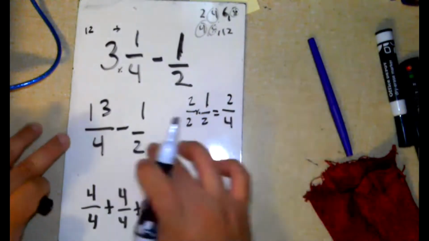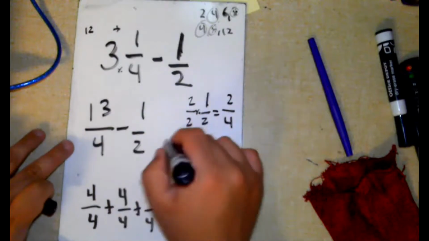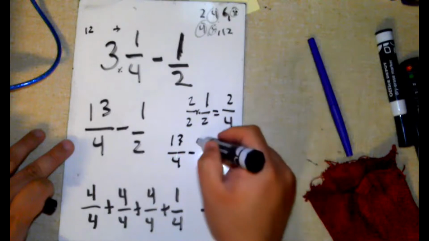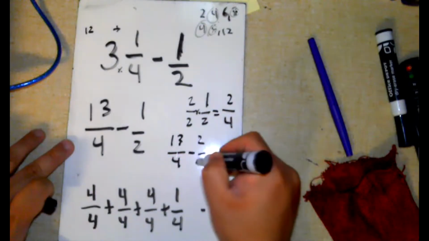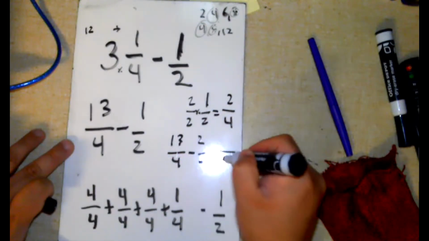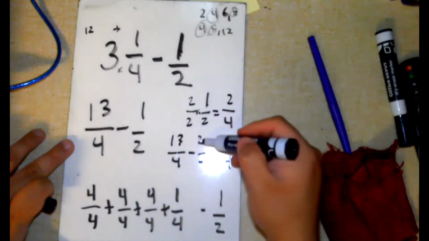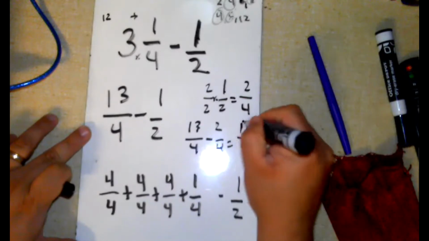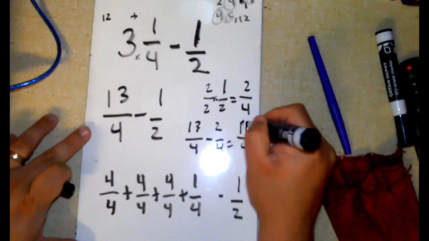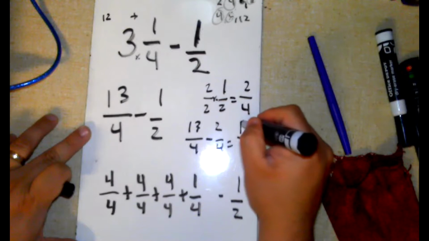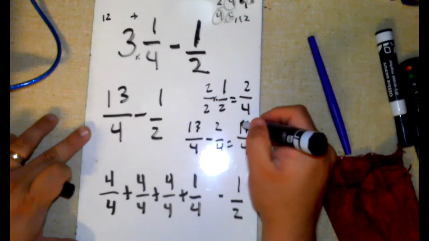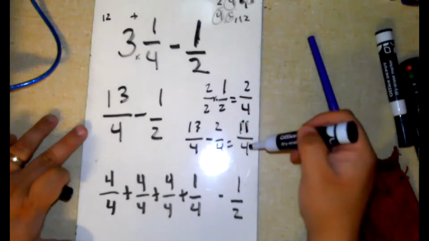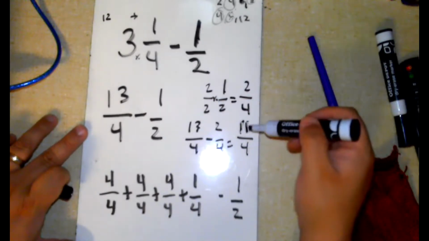So now we're going to take the 13 fourths, subtract the equivalent 2 fourths, and we're going to keep our denominator. So what's 13 subtract 2? 11. And how many times does 4 go into 11?